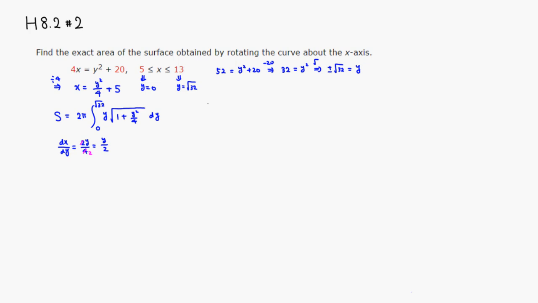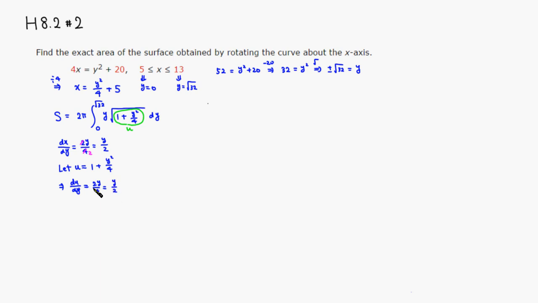Now we're going to do the substitution. Let u be the expression inside the square root, so u equals 1 plus y squared over 4. We take the derivative of u with respect to y, and this gives you 2y over 4, so again we get y over 2.